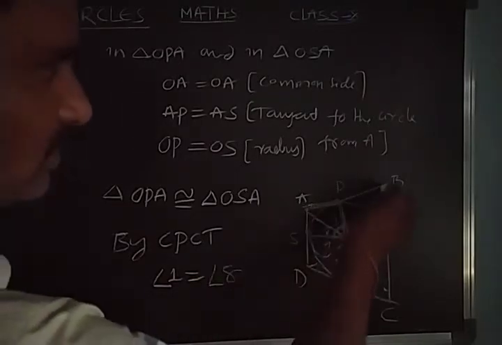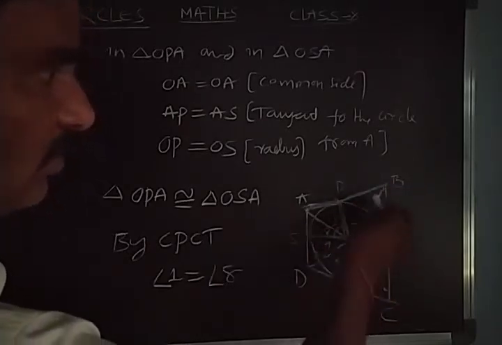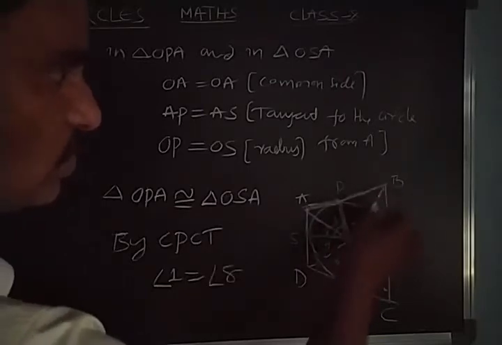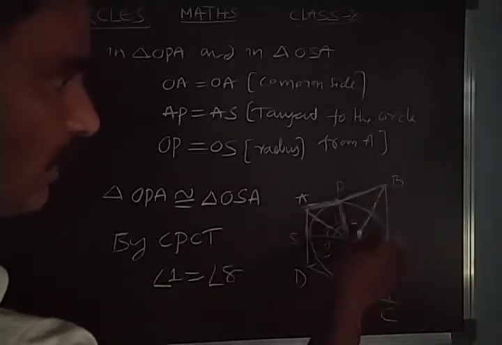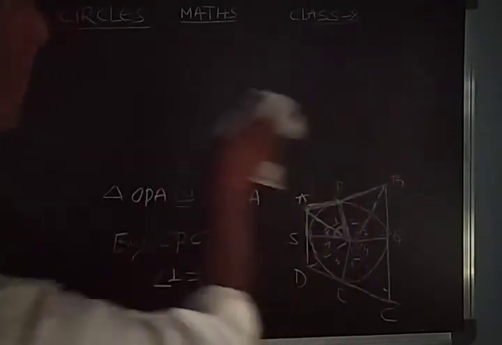Similarly, we can prove this triangle and this triangle are also congruent. In the same manner we can prove these two triangles are congruent. If these two triangles are congruent, again you can write angle 2 equal to angle 3, right?